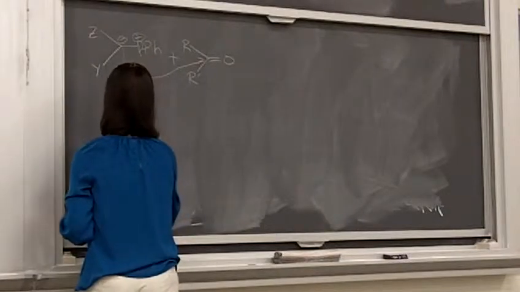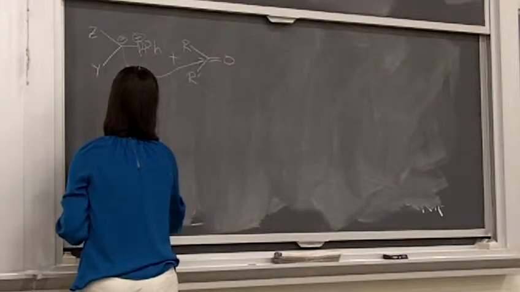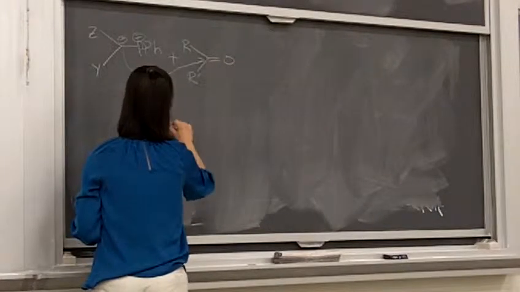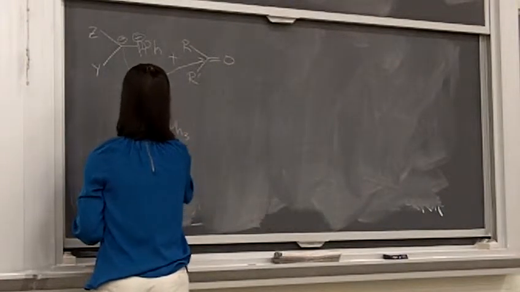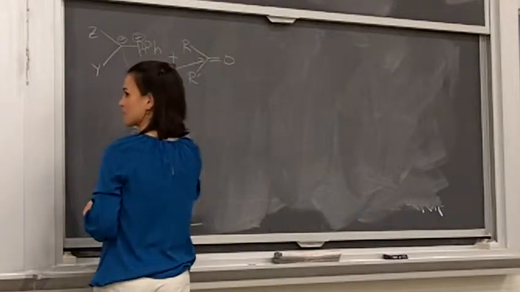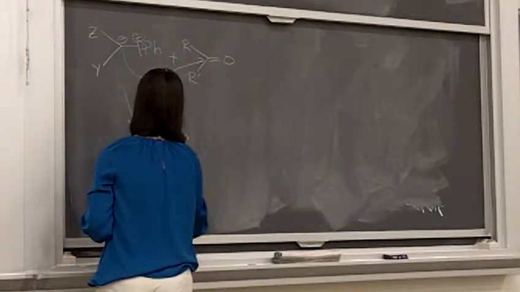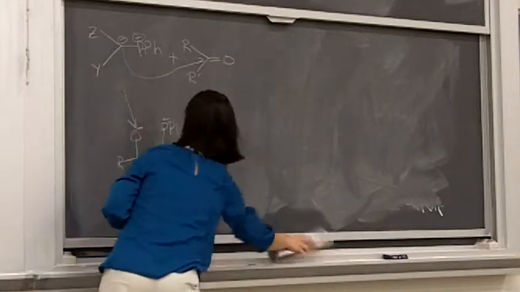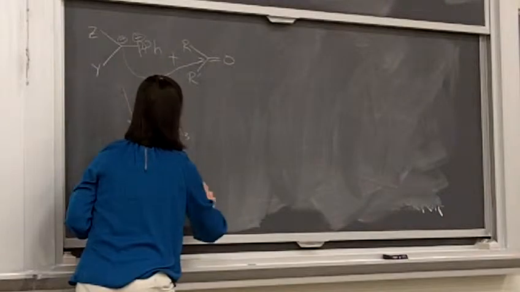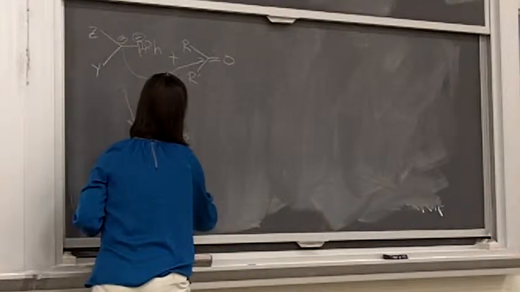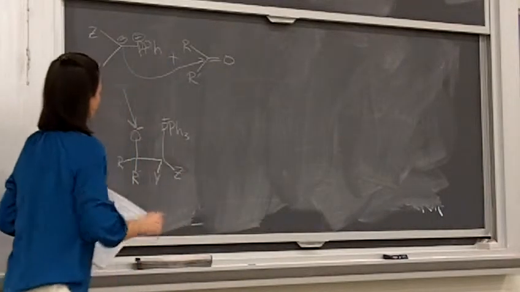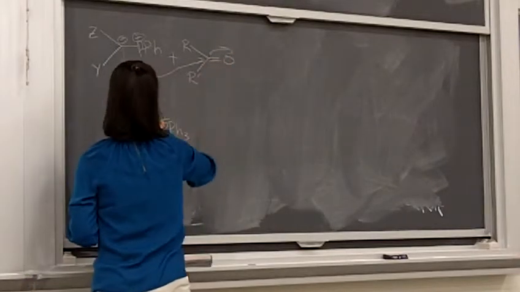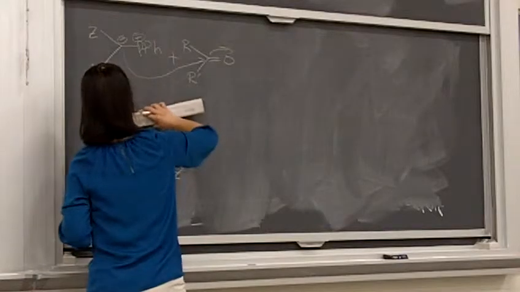So we got our negative charge here, our positive charge here, and here's our Y and Z groups from our ylide. What happens is after this attack, this is the guy, so let's show it this way here.